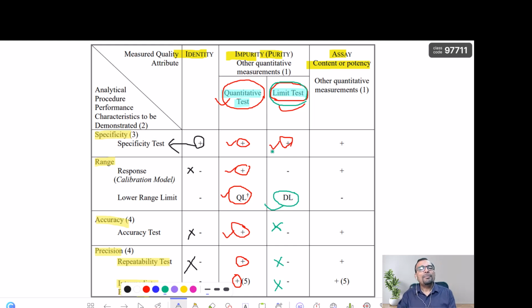Now the similar parameters can be used for other impurity analyses like residual solvent, elemental impurities, and even other quantitative measurements. You will find that these follow similar characteristics to impurity measurements.